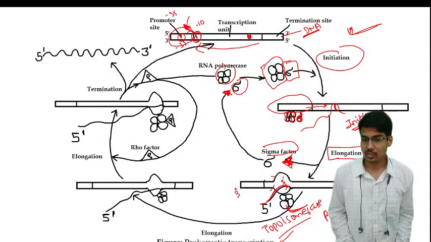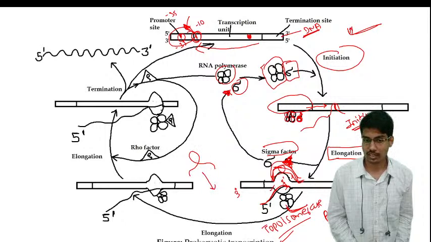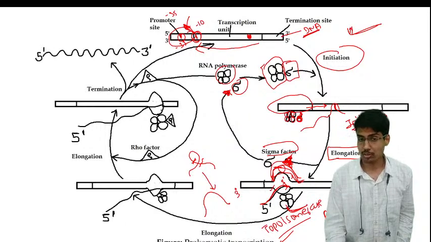See, if there is a coiling here like this, then what will DNA topoisomerase do? DNA topoisomerase will cut this strand here, and this entire strand can now be formed like this, the previous untangled form. Okay, suppose this is the kind of coiling which has occurred. The DNA topoisomerase will come and cut the strand somewhere here or here. After that cutting, this entire strand can be formed like this. So this is the exact function of the DNA topoisomerase.